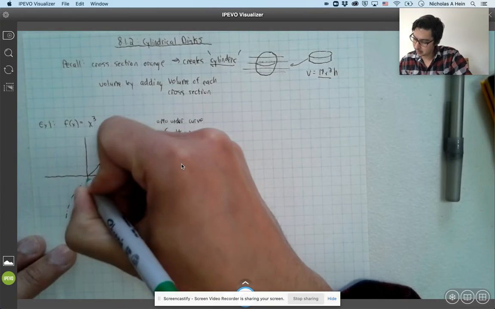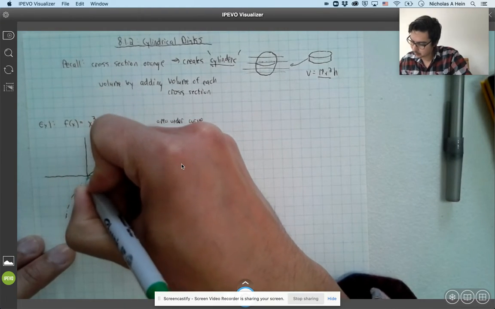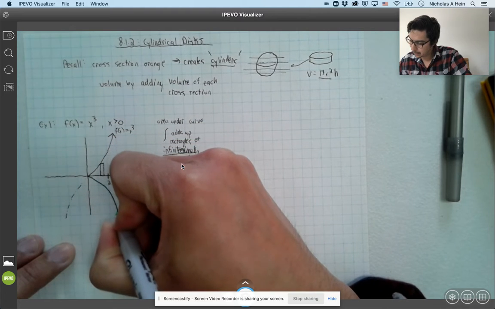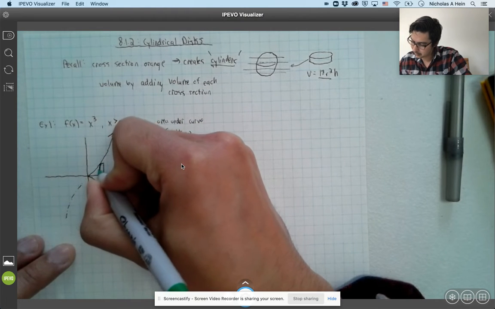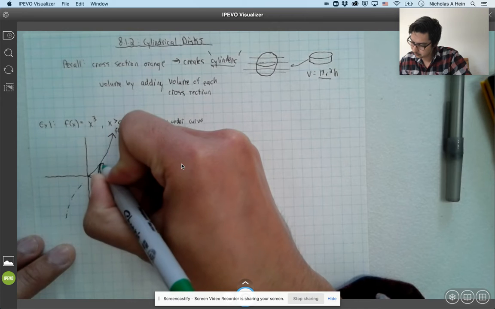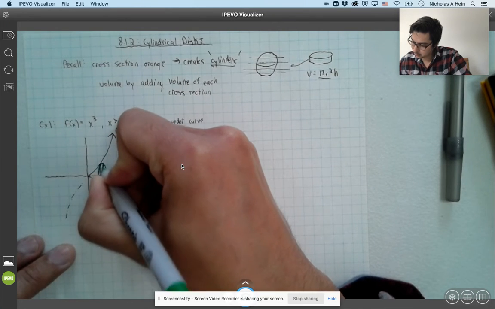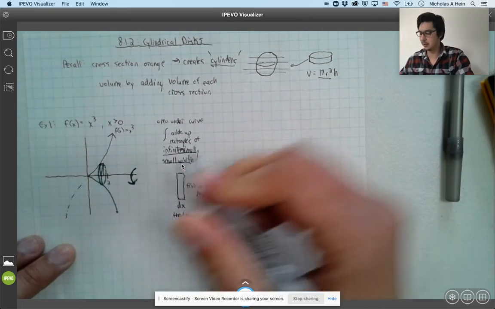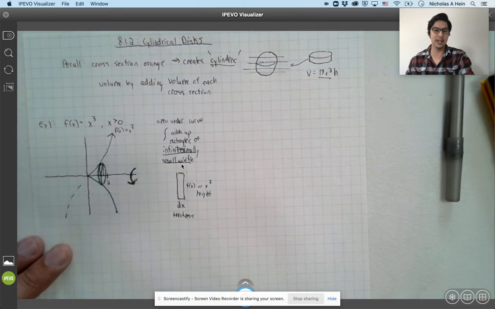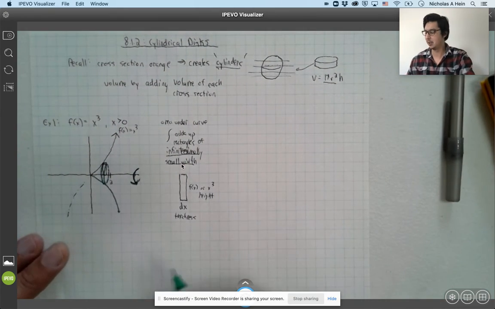What would happen is this rectangle is going to come around, going back around into what is a cylinder, and it might be very hard to see, right?